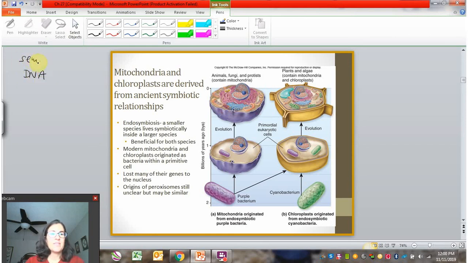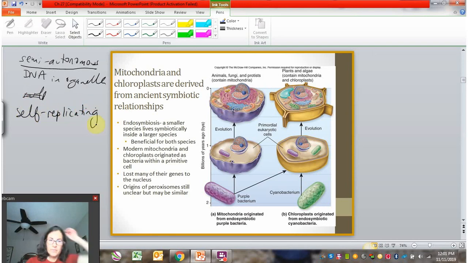So this applies to the semi-autonomous organelles, to use the term that you learned in the previous class. They have their own DNA, and they are self-replicating. And so that's what makes them semi-autonomous. And again, they have their own DNA and they're self-replicating because they derive from this bacteria that went inside of them. And the same thing happened with the chloroplast.